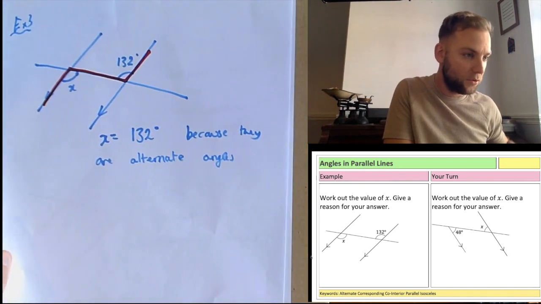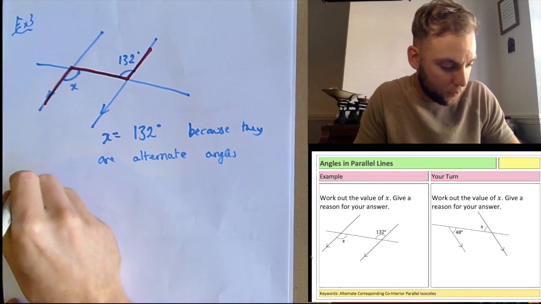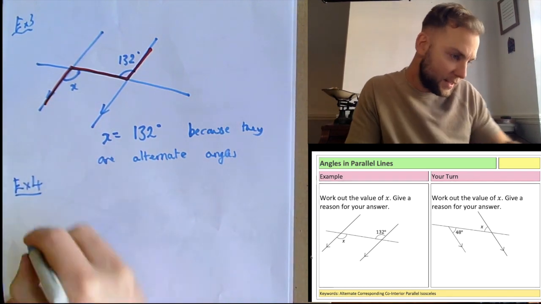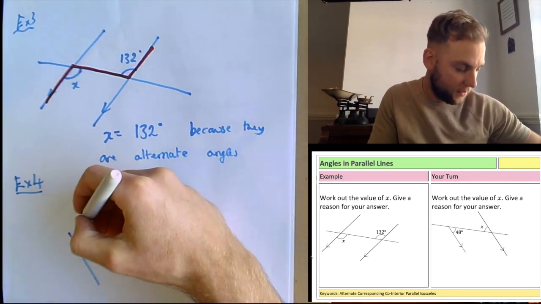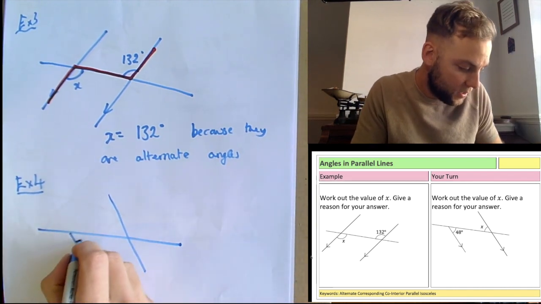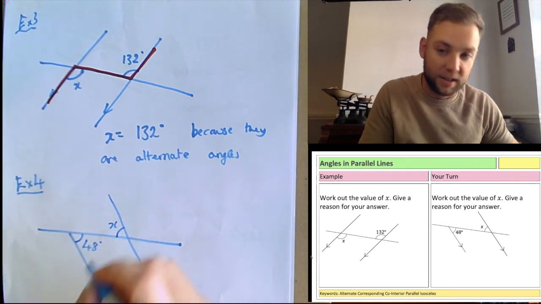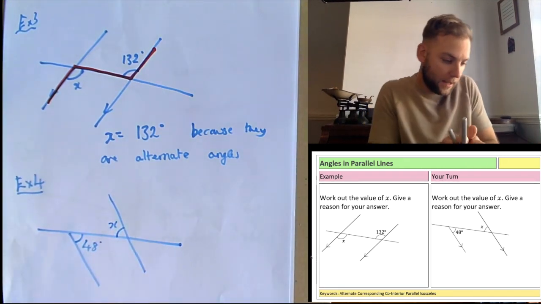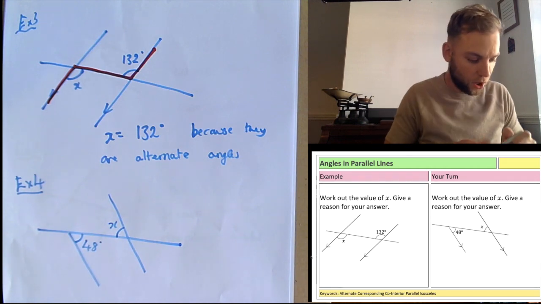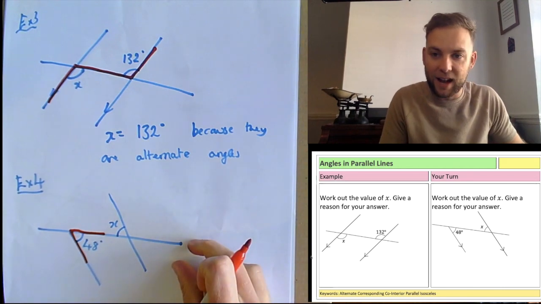Okay. So let's have a look now at example 4. So this time here, my parallel lines are coming down this way, and my line is coming across here. I know that this one here is equal to 48, and I'm trying to find this angle here, which is x. So let's draw on top here. So there's my angle. So can I slide that down?